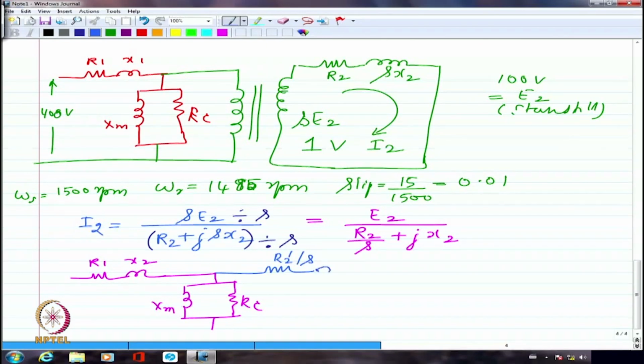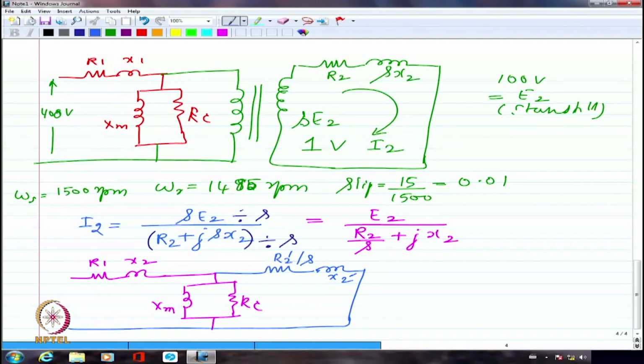And then I am going to write X2 dash. Right? And then just short circuit the whole thing. And this is the induction motor equivalent circuit per phase. Nothing more than that. What we have done is to convert the rotor frequencies into equivalent stator frequency.